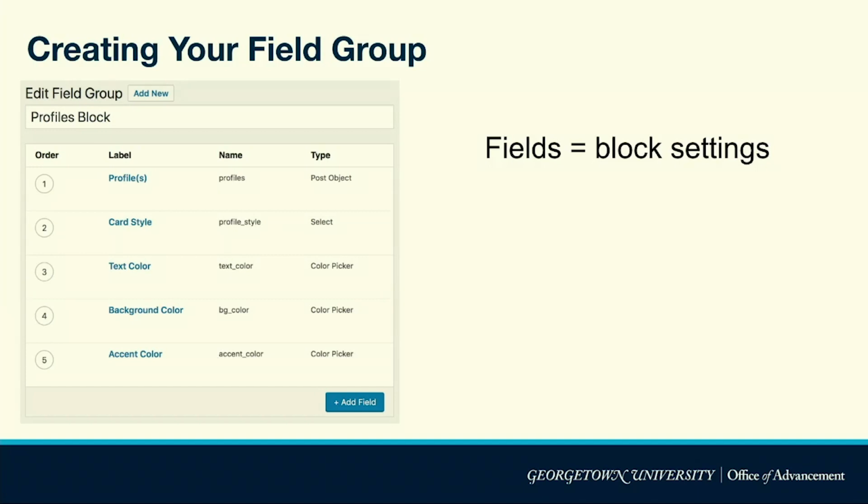So this is pretty straightforward. Here I've got a post object, which allows us to pull in posts, the select list, which is those preset styles, and then a few color options. Again, you want to be careful with what options you're building into these blocks, especially if you have brand guidelines. You're going to want to lock them down here for sure.